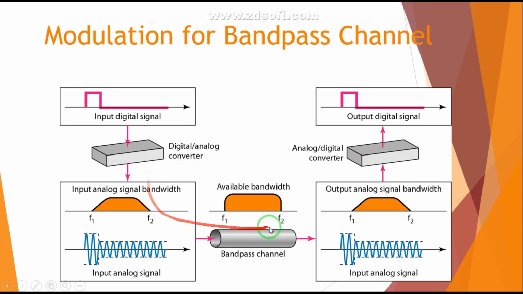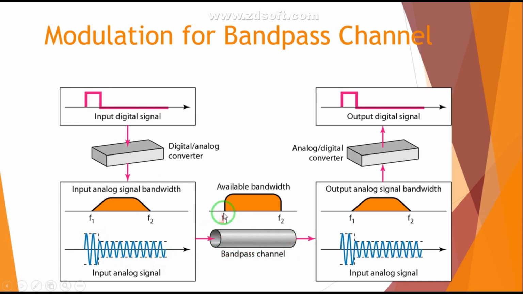Getting it, guys? This is a band pass channel, not a low pass channel. If it is a low pass channel, you can directly transmit this digital data. But now you have a band pass channel, so you can't send the digital data directly because digital data has infinite bandwidth, and an analog signal has a narrow bandwidth. So that's why you need to convert this digital data into analog signal. Then you can pass it through your band pass channel.